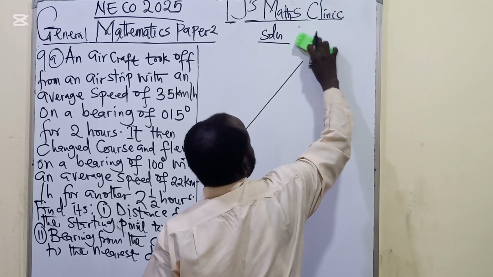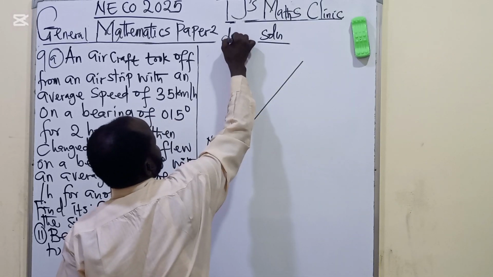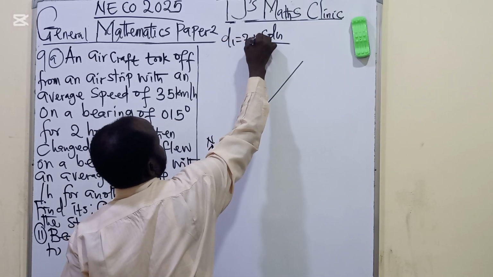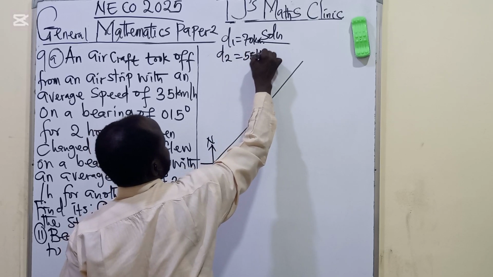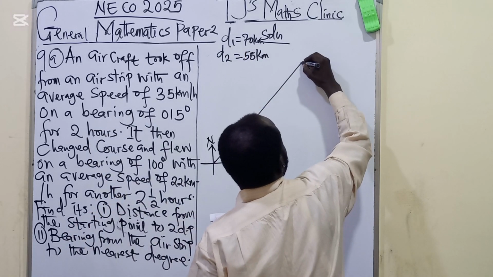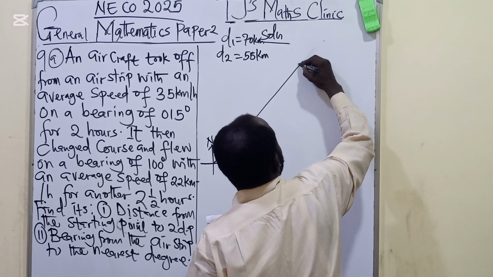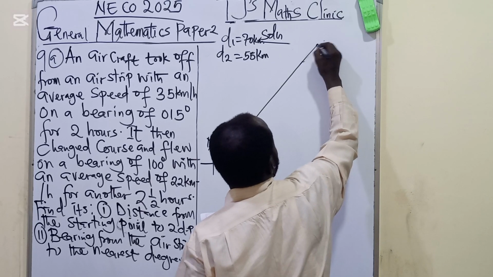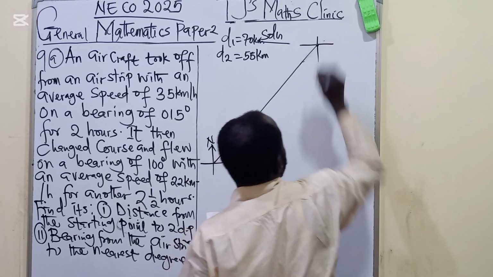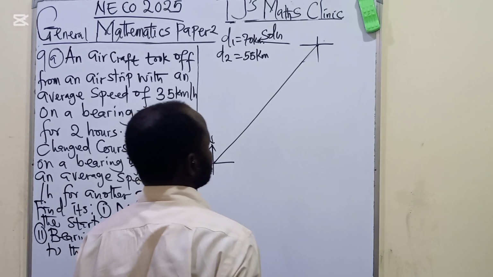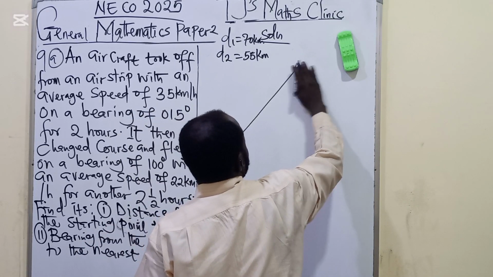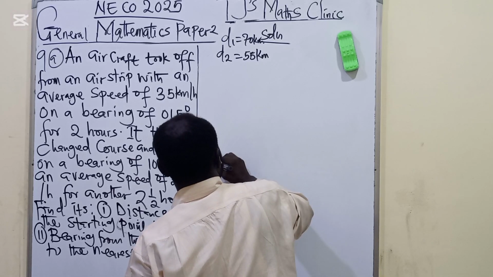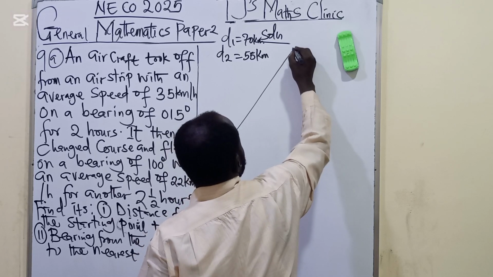Let me take this distance, D1 70 kilometers, D2 55 kilometers, so that we can have space. Let me extend this to this point. Then we'll have another cardinal point here, like this. Or let me reduce it to this point. Suppose we have it like this.